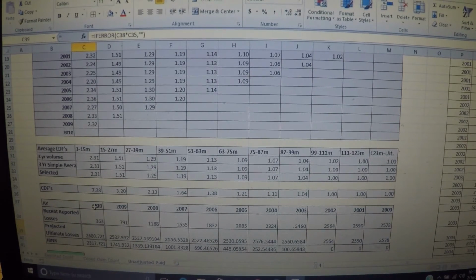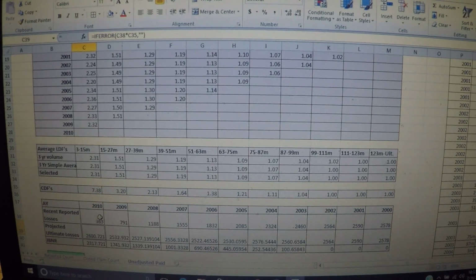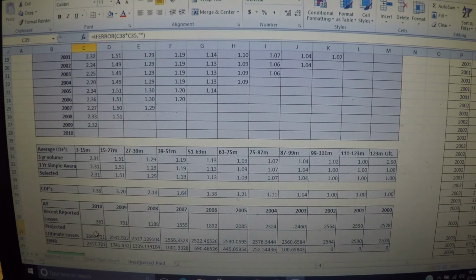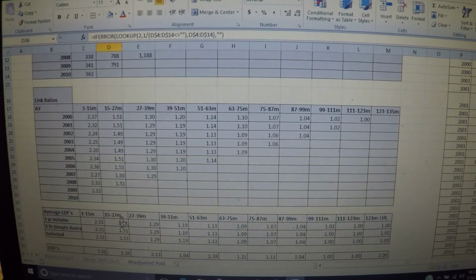Based off our historical trends, using this specific reserving method, we think that the losses in accident year 2010, when they're developed fully, will get this numerical value of 2680.